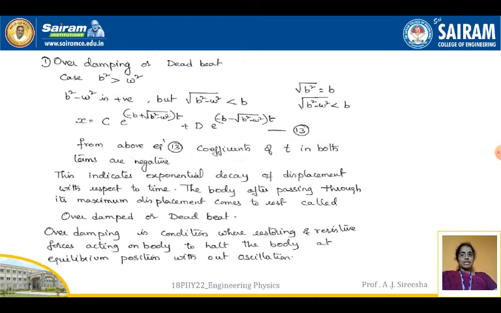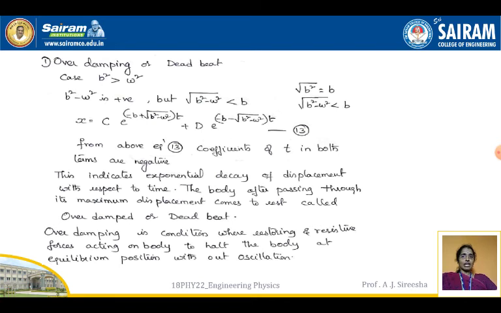Now b square minus omega square is a positive quantity, since b square is greater than omega square, which leads to root of b square minus omega square being less than b. Now the solution, whatever we have taken, x is c e to the power of (minus b plus root of b square minus omega square) t plus d e to the power of (minus b minus root of b square minus omega square) t.